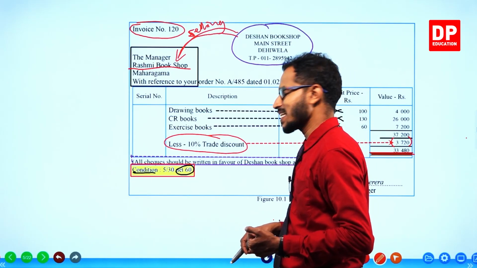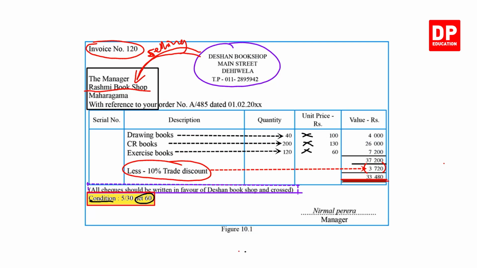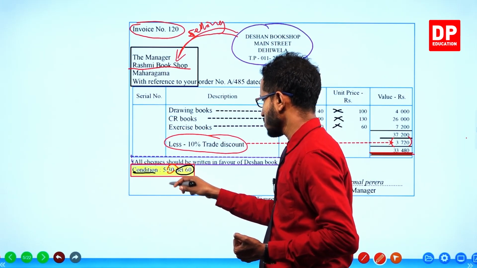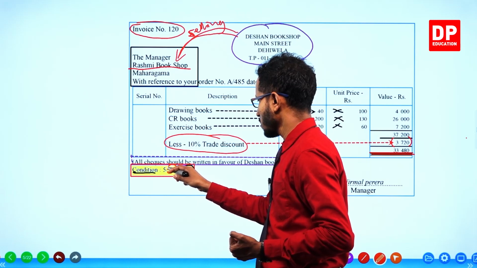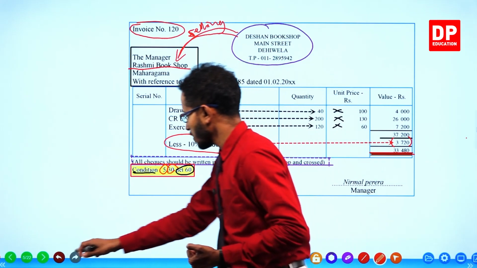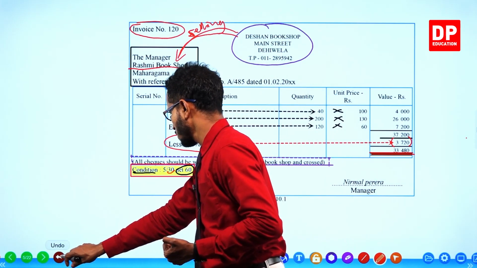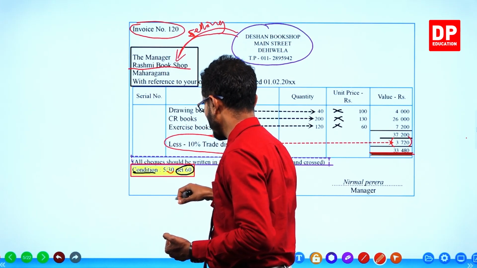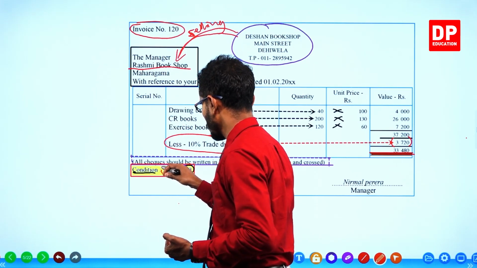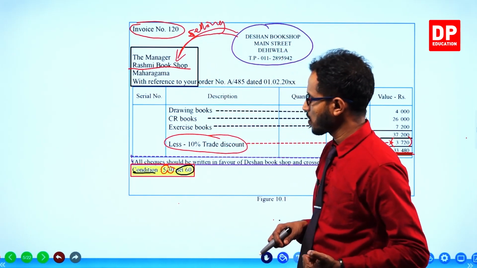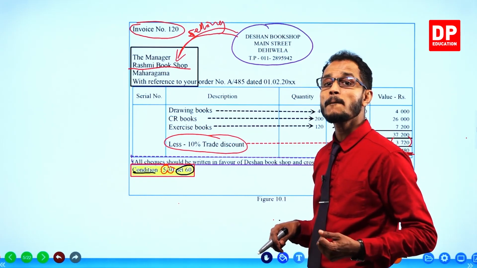That is the meaning of net 60. But if the purchaser can settle within 30 days, she's going to get a 5% discount. If Rashmi can pay this bill within 30 days, she gets a 5% cash discount for prompt payment.